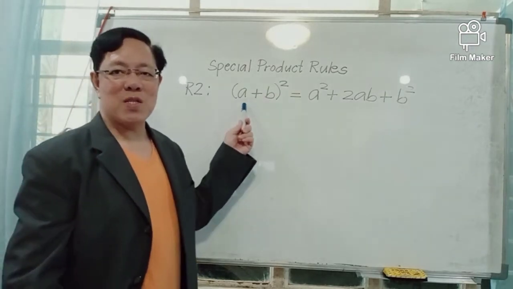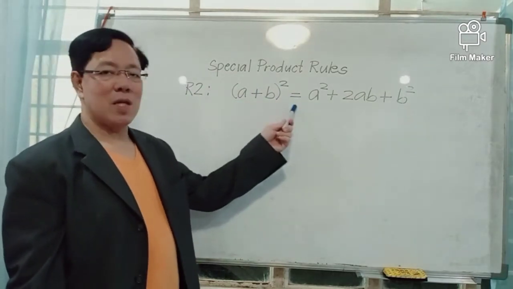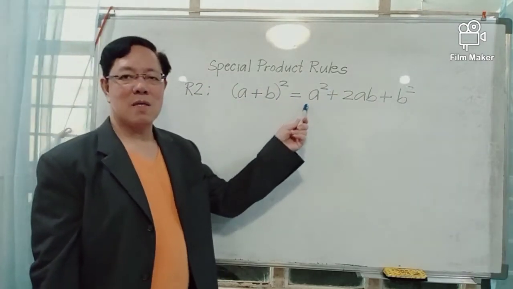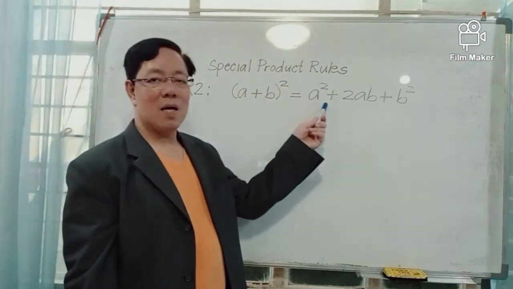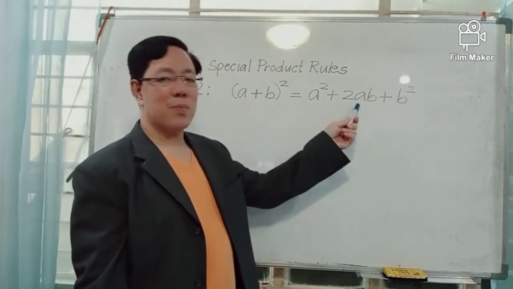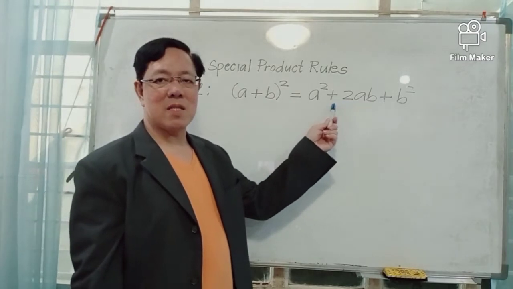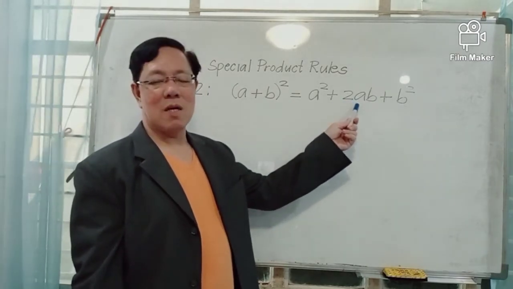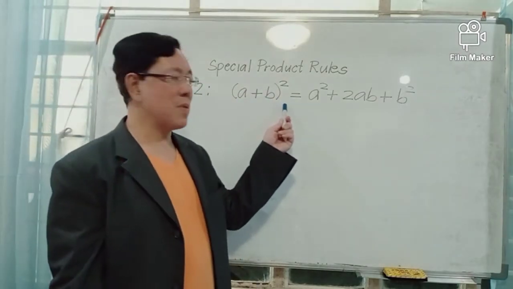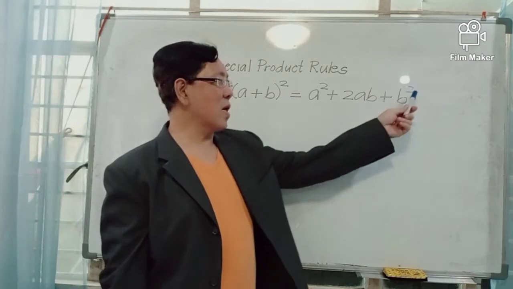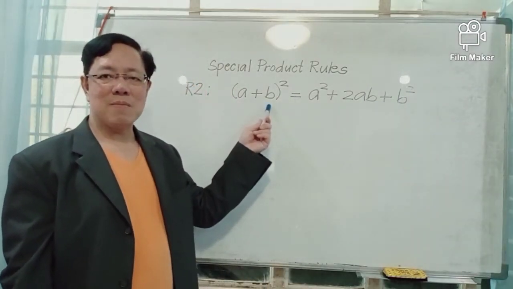And according to this special product rule number 2, the square of a sum is equal to the square of a, or the square of the first term a, plus twice the product of the two terms a and b. Or the second term is positive 2 times the product of the two terms a and b. The first term is a, the second term is b. And the last term is the square of the second term of the given. The second term is b.